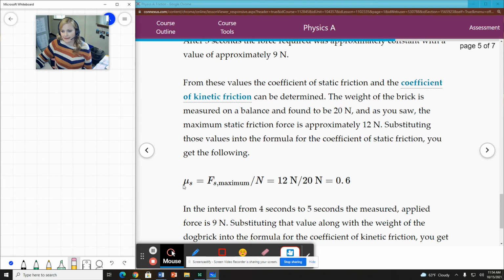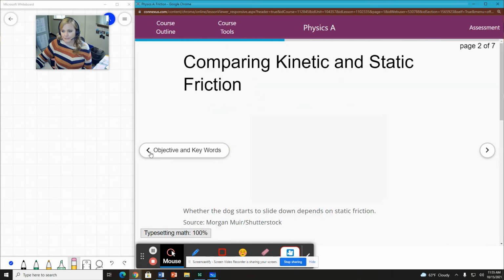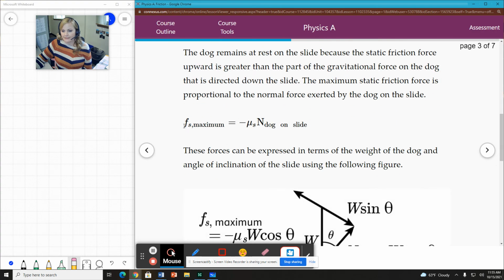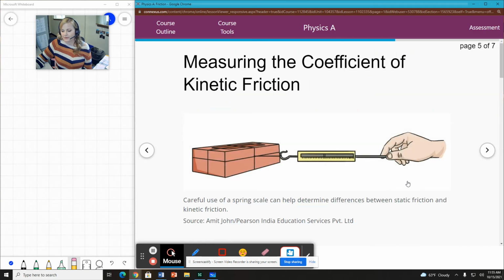So you can determine that coefficient of static friction by kind of using that formula we had from the first page here, this one right here, that the static friction is equal to the coefficient of static friction times the normal, right? So this is the force it would take to move it, the maximum force it would take to move it. So let's look at this here.